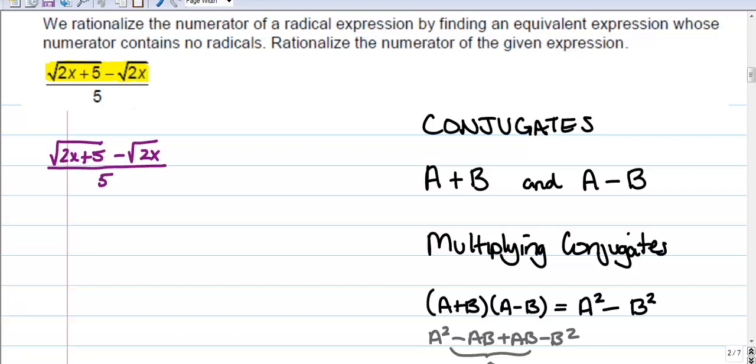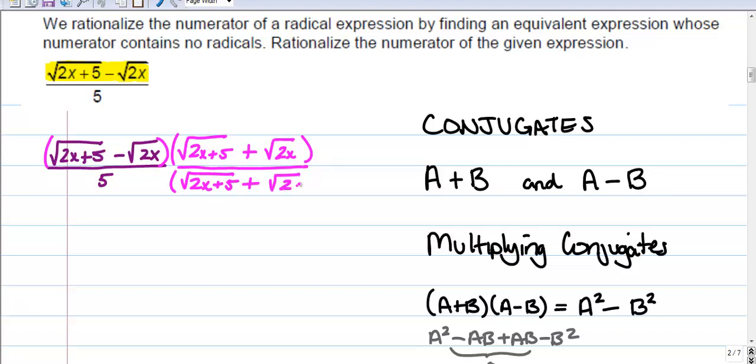So the conjugate here would be the same exact thing, but it's going to be a plus sign. All over, I got to do the same thing. So this is what I'm going to have to do on this one. Multiply the top and the bottom by the conjugate of the top.